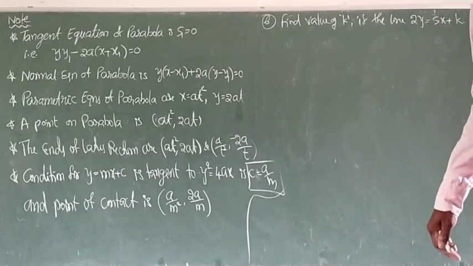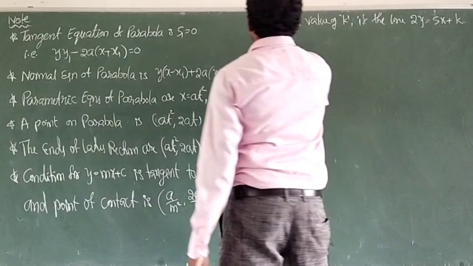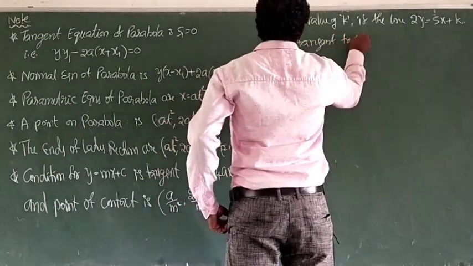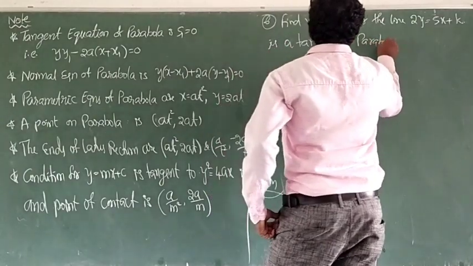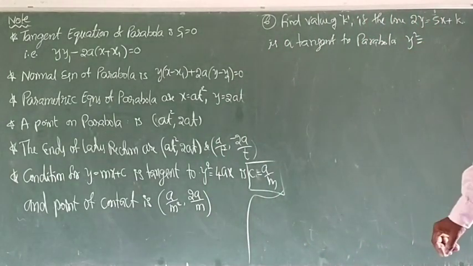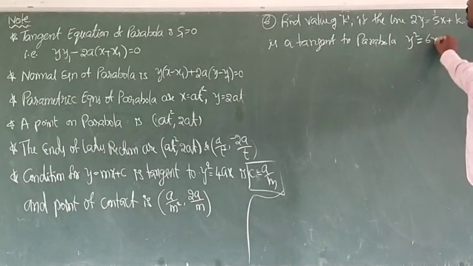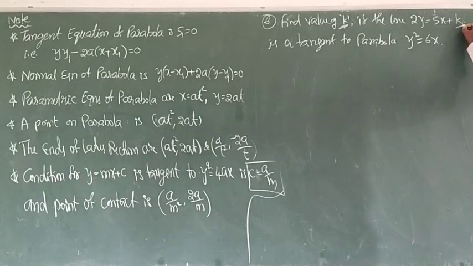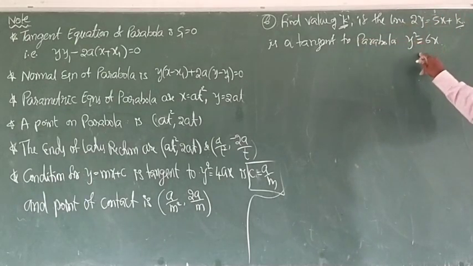Is a tangent to the parabola y² = 6x. What is asked? Find the value of k. So this one we have to find, and it is given that this line is tangent to the given parabola.